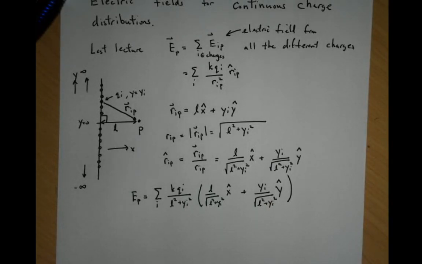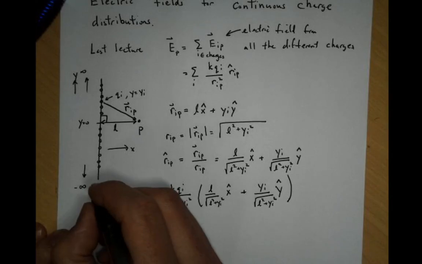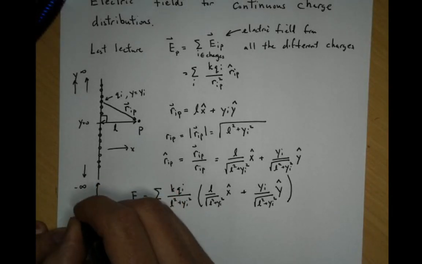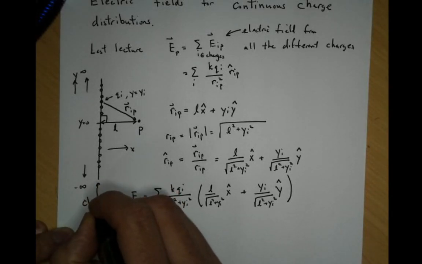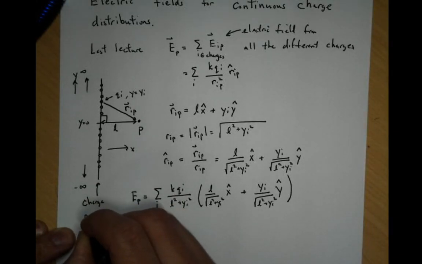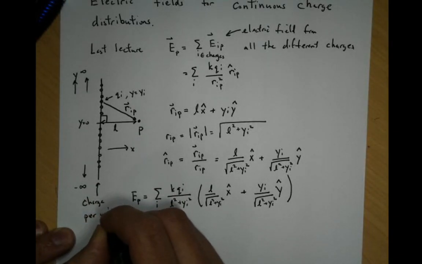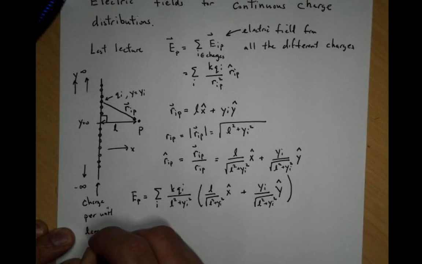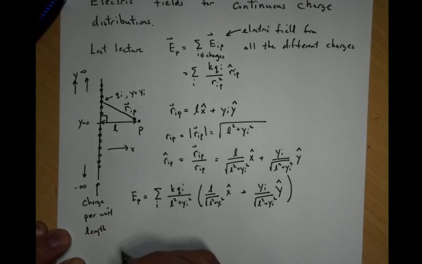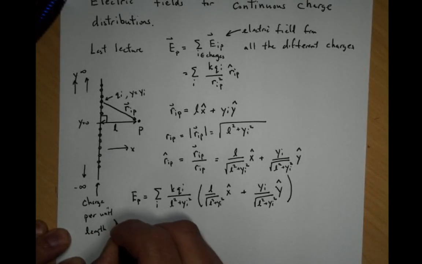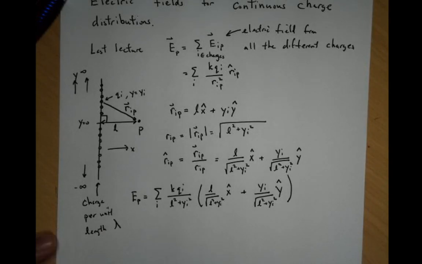Okay, so let me imagine that this line has a charge per unit length. I'm going to denote this by the symbol lambda. So if I sum length, basically it has some associated charge with it.